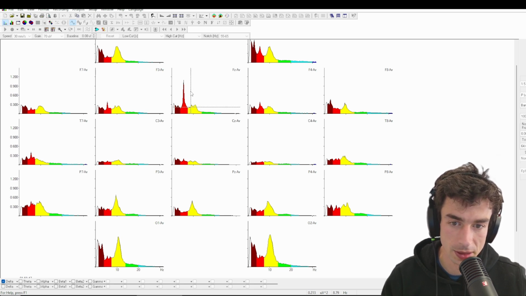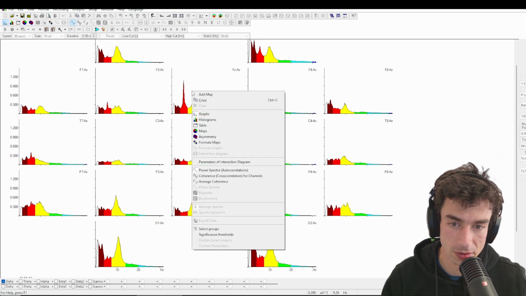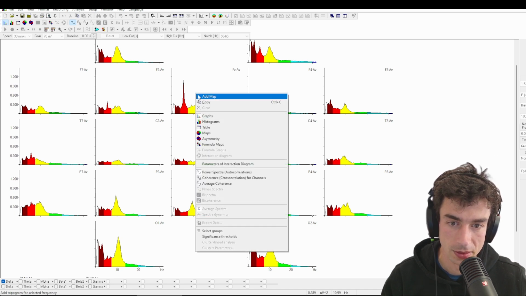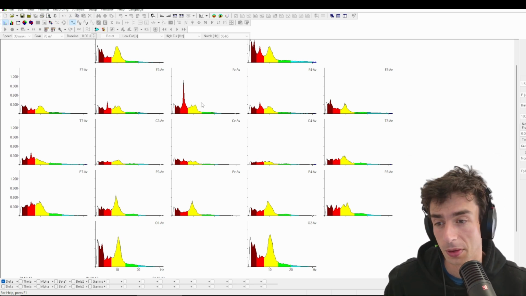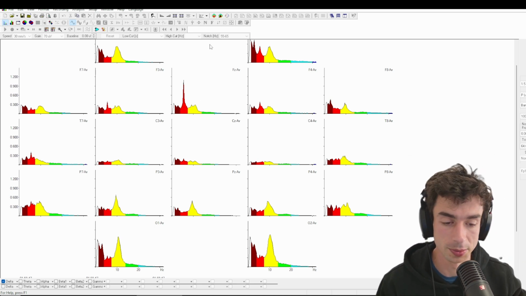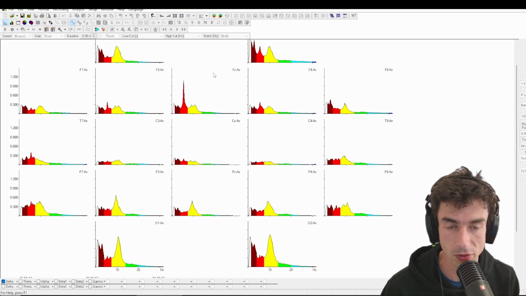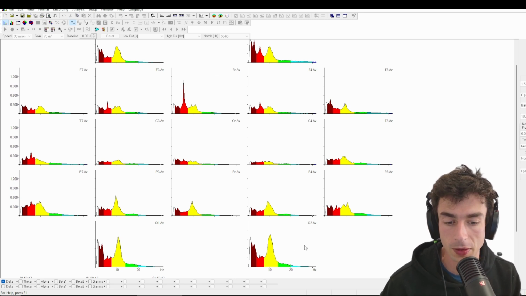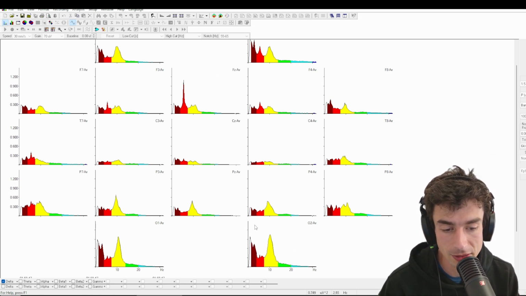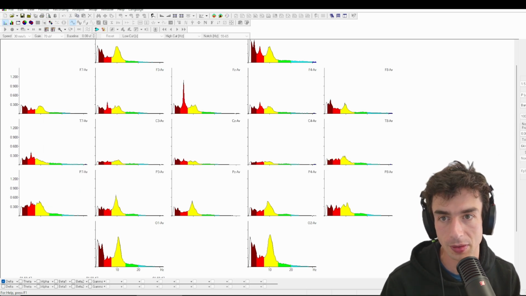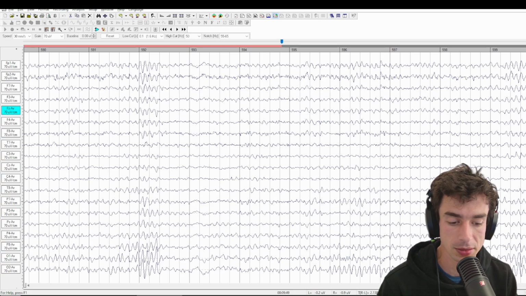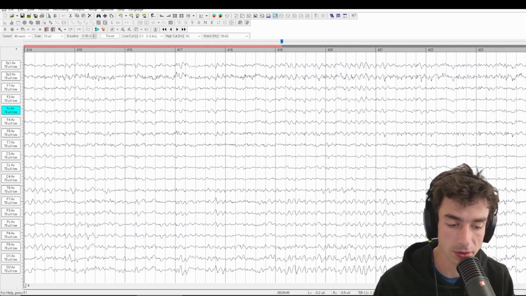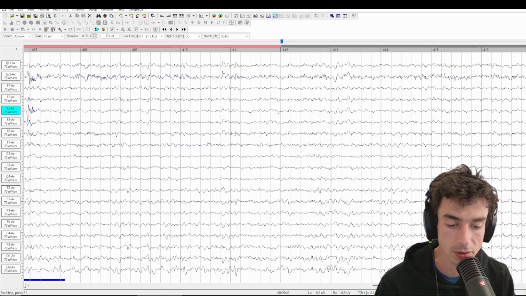So what's interesting to me is that up front we see two distinct peaks, which we noted in the raw EEG. Right? We saw the brain was sort of wandering around in terms of the peak frequency that I was looking for. As far as what this delta content means at the back of the head, I'm not quite sure, because we didn't really note it when we were looking at the raw, but you can see it back here.